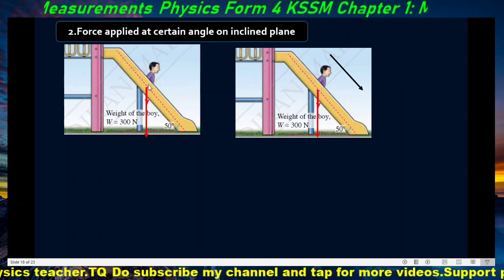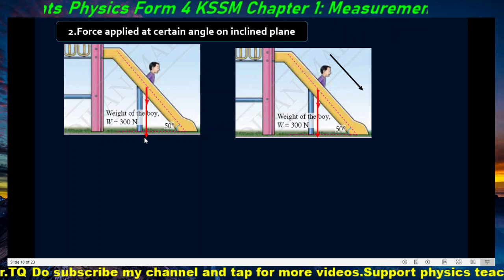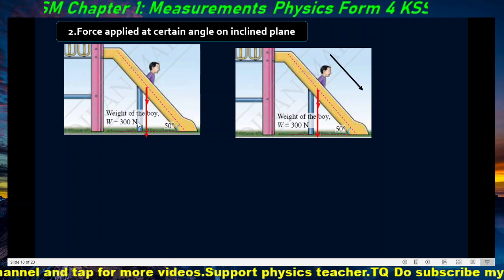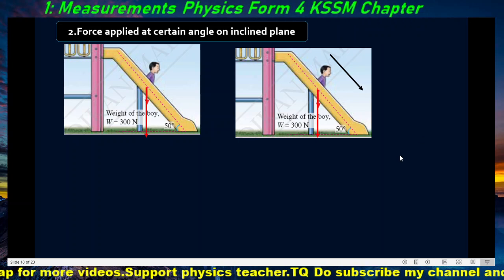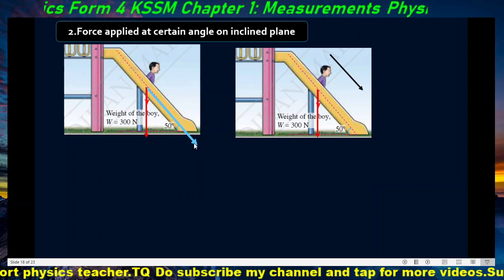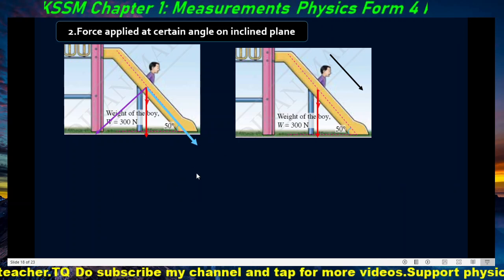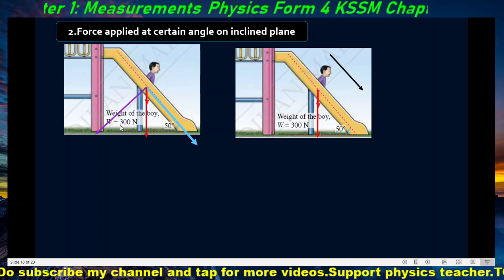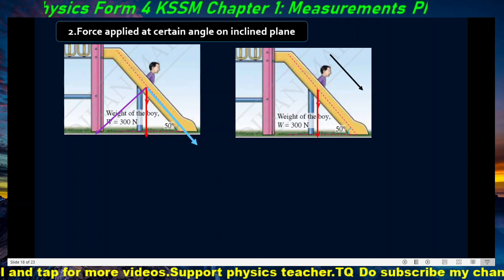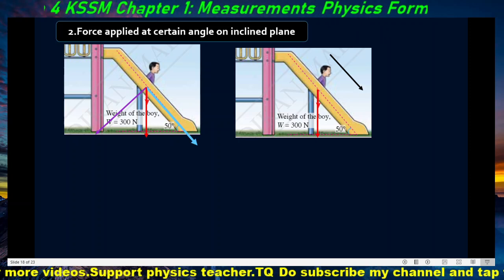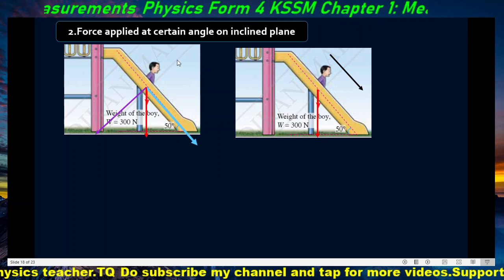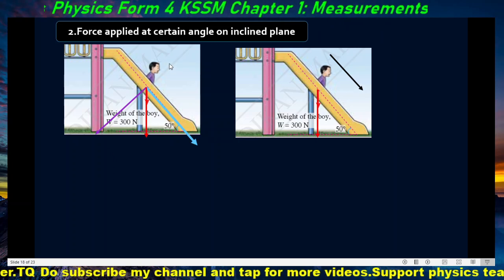As you can see, the only force that acts on the boy now is the weight of the boy. So we can say the weight of the boy can be resolved into two components: the component parallel to the plane and the component perpendicular to the plane. If you draw a free body diagram of the forces on the boy, there must be a normal reaction force perpendicular to the plane, up here.